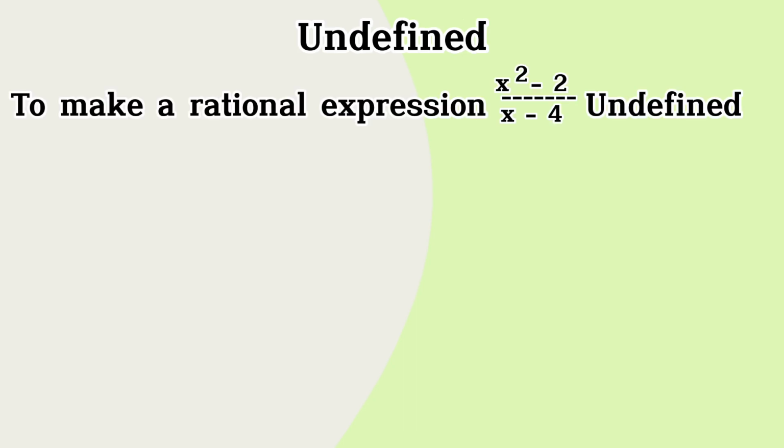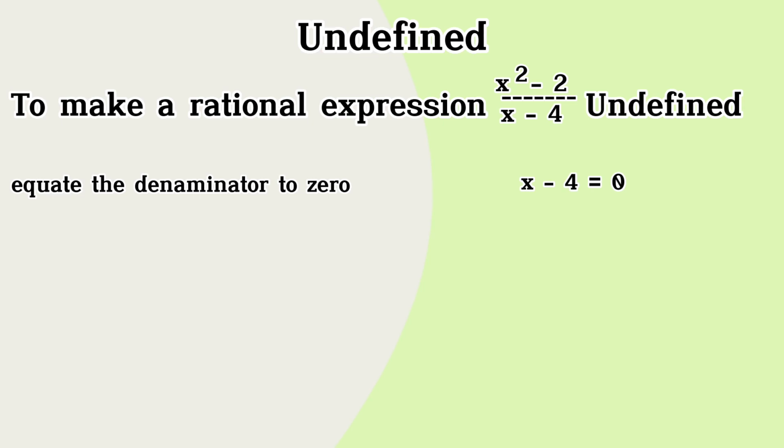To make the rational expression x squared minus 2 all over x minus 4 undefined, first, we'll equate the denominator to 0. So, denominator natin dito ay x minus 4. I-equate natin to 0. And x minus 4 is equal to 0.